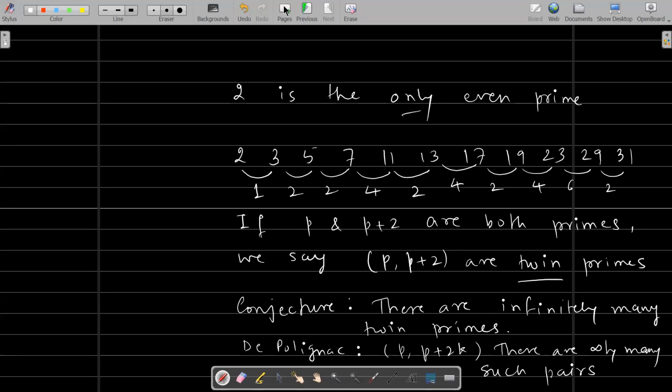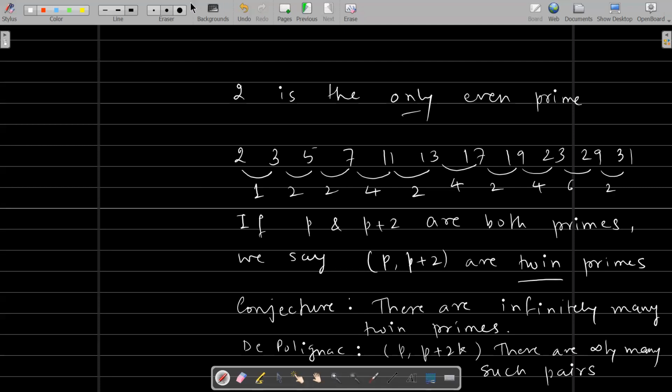For example, if k is 1, that gives me the twin prime conjecture. Suppose k is 2, so P comma P plus 4, there are infinitely many such pairs. Or if k is 3, P and P plus 6, there are infinitely many such pairs, and so on.